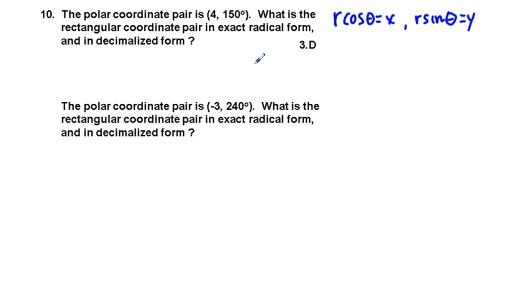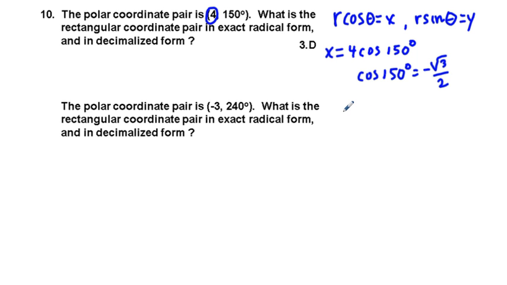In a coordinate pair, the first value here is going to be our radius. So x is equal to 4, which is our radius, times the cosine of 150 degrees. I happen to know that the cosine of 150 degrees is equal to negative square root of 3 over 2.